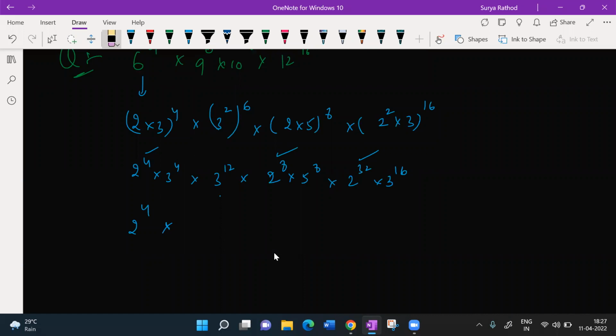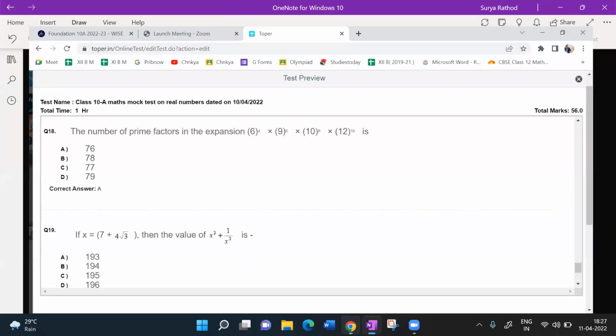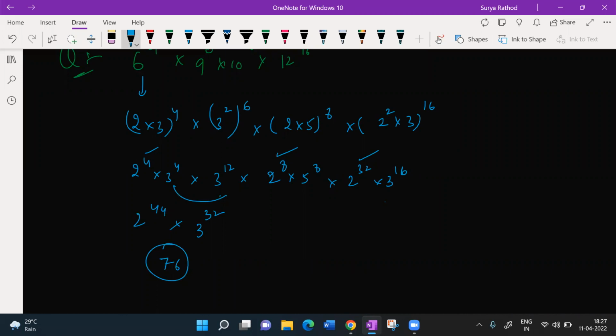Sir, isn't it 44? I counted 3 to the power of 4 as well. Okay, so 16 and 16, so 32. So how much? 76. Then what about 5 to the power of 8? So 84.